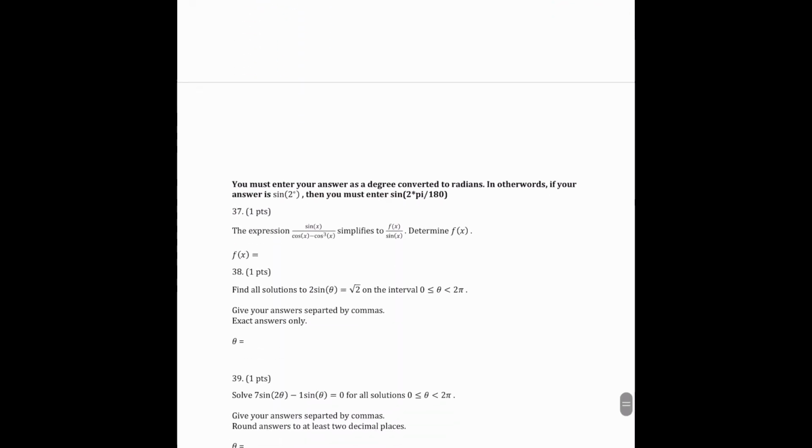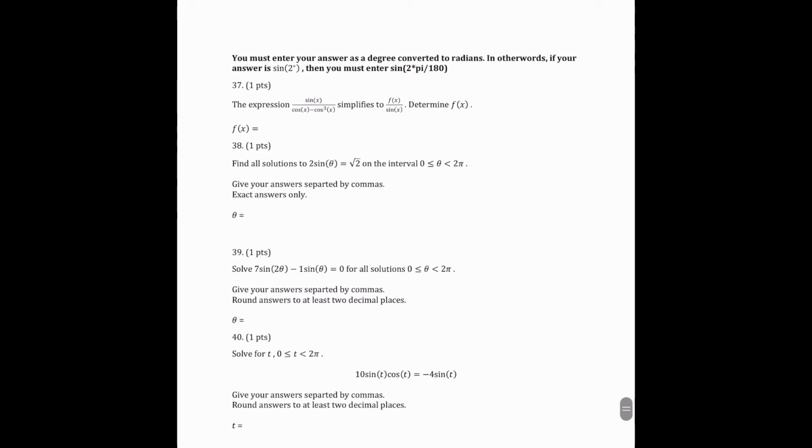So this is going to be tangent of 31 minus 29, which is equal to tangent 2 degrees. And this is the trigonometric function of one number. Number 37, question number 37.